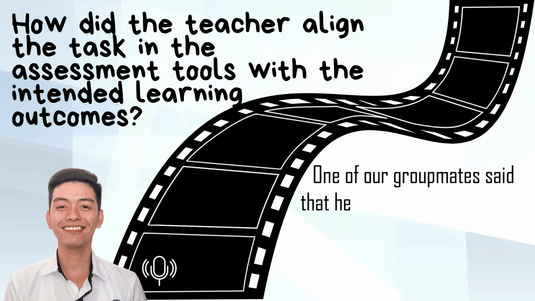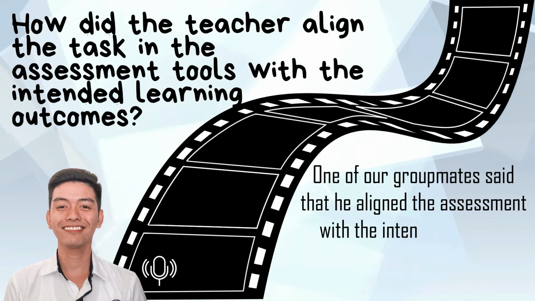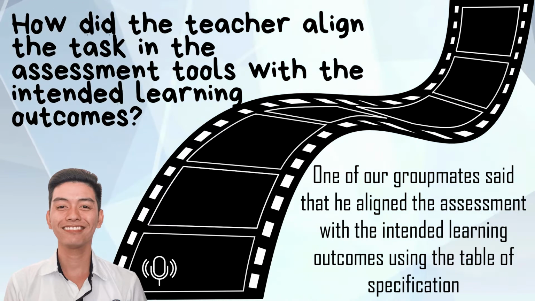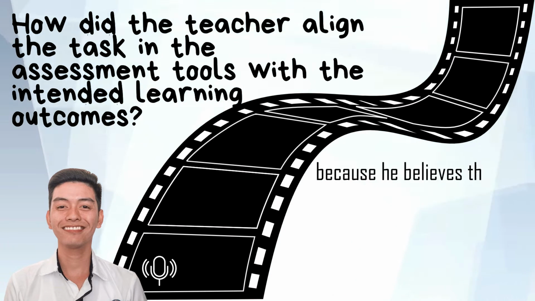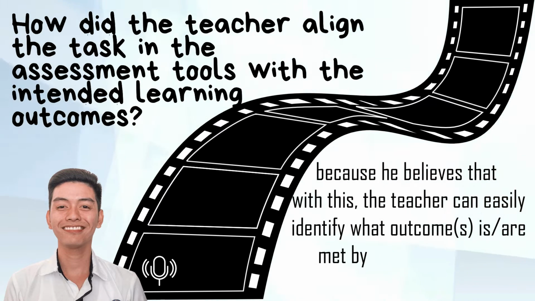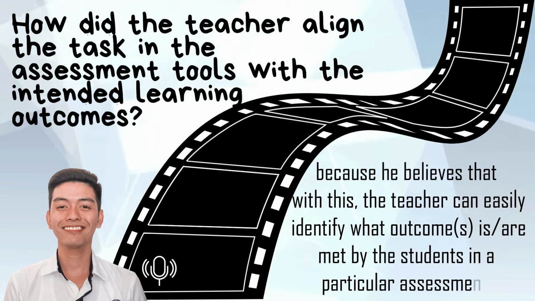One of our group mates said that he aligned the assessment with the intended learning outcomes using the table of specification because he believes that with this, the teacher can easily identify what outcomes are met by the students in a particular assessment.